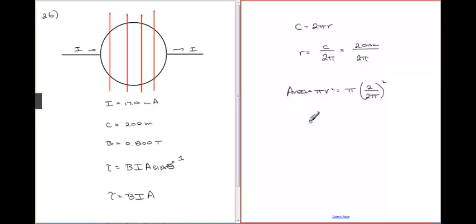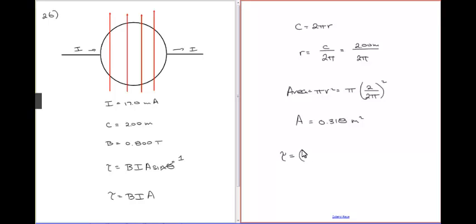And so let's just plug it into our calculator and get a number. So you'll have pi times the quantity 2 divided by 2 pi, close the parentheses, squared. So what I get is 0.318, and the units are, let's see, well, circumference was in meters, so the area will be meters squared.